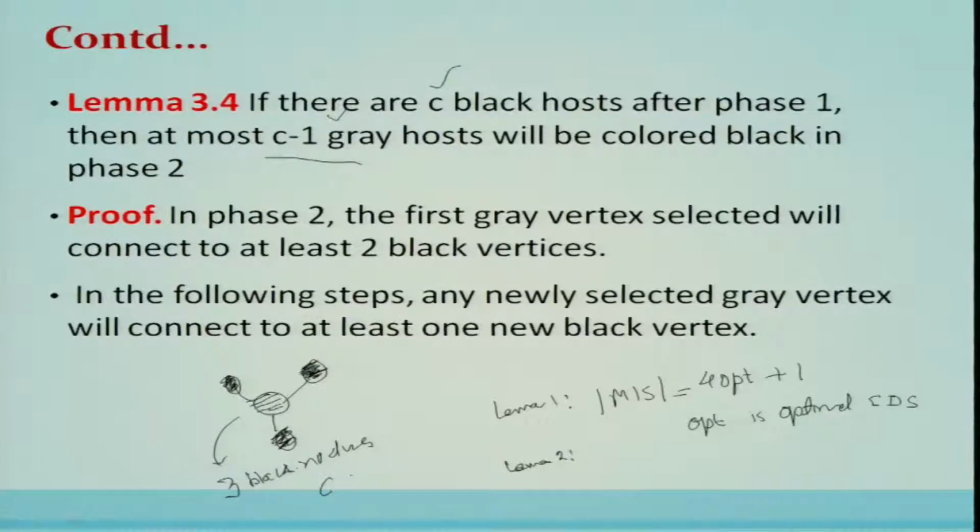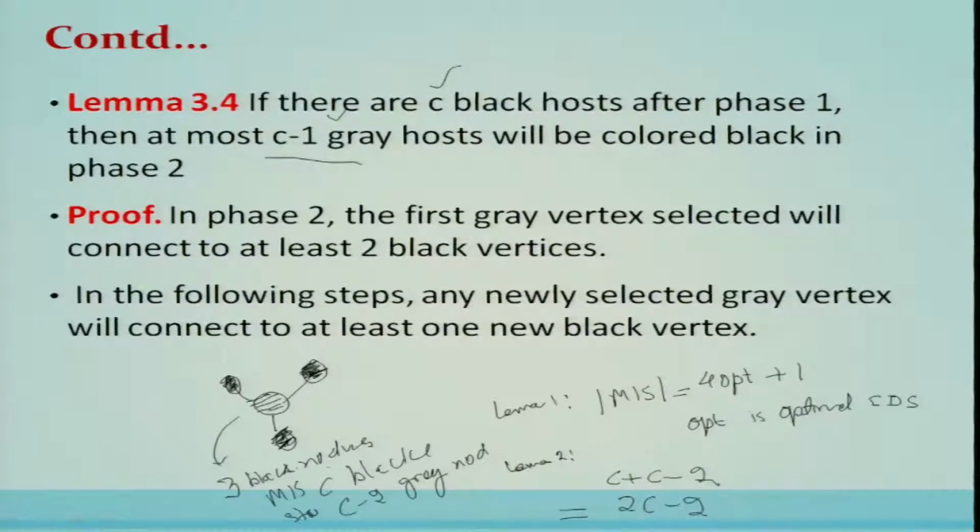Then if there are C black hosts, C minus 2 gray nodes are required to connect all the black nodes. That means C plus C minus 2, that is 2C minus 2, is basically the total size. This is the MIS and this is the Steiner tree. This is the total size.